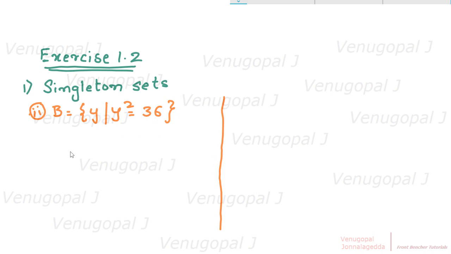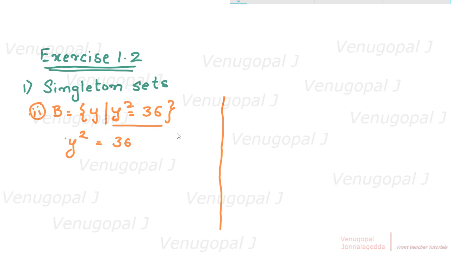Now you have understood that this formula is asking me what is that single value of y which, when raised to 2, will give me 36.